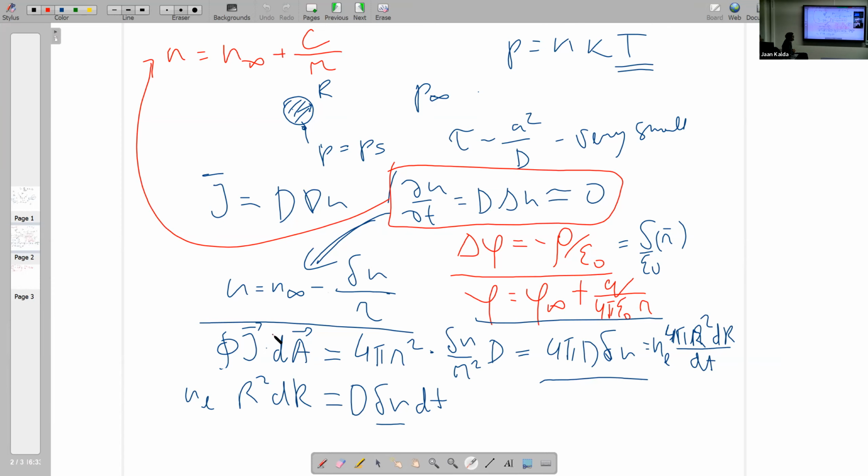Concentration, if we multiply by 4 pi r squared, we have a quantity which does not depend on the radius. Honestly, I cannot pinpoint a mistake here.